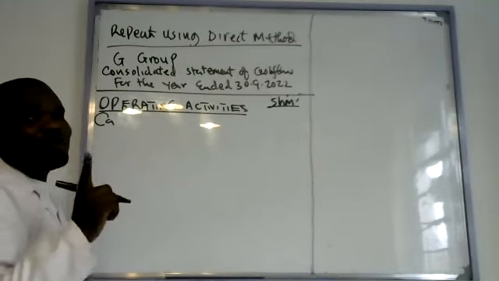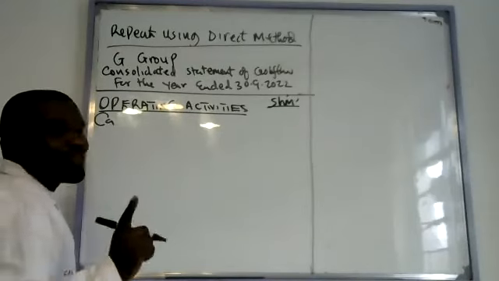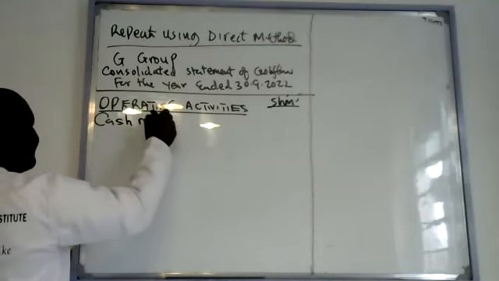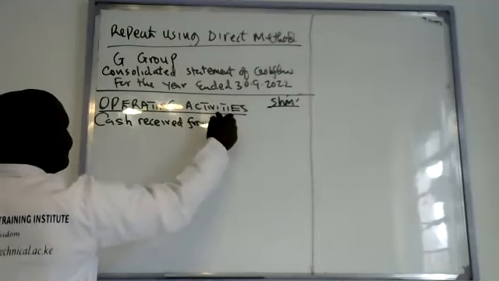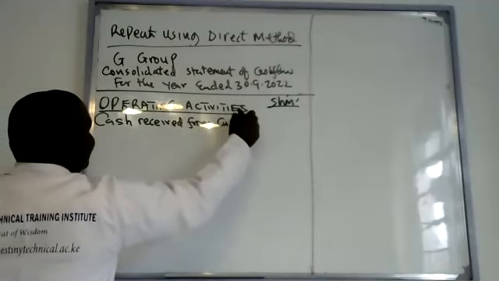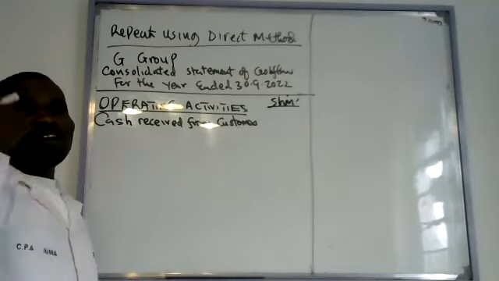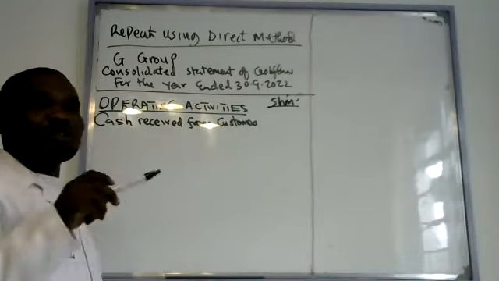If you don't answer, then we are also not answering. Niambie required. The examiner said we use which method? Lazima uniambie. So the way you have said, it was a direct method.